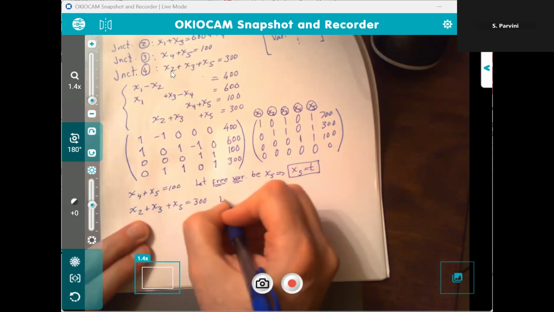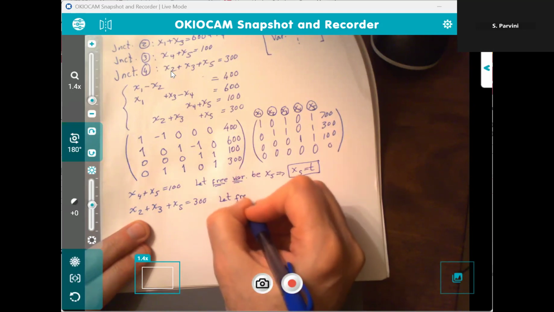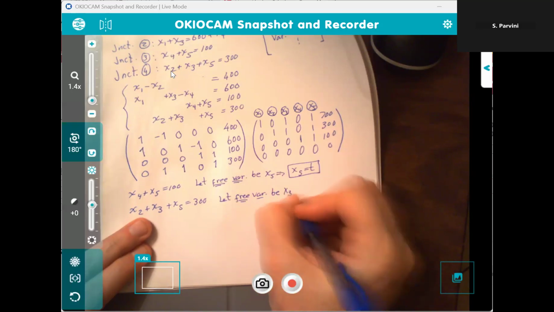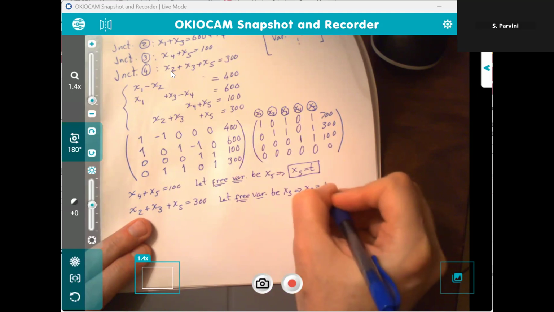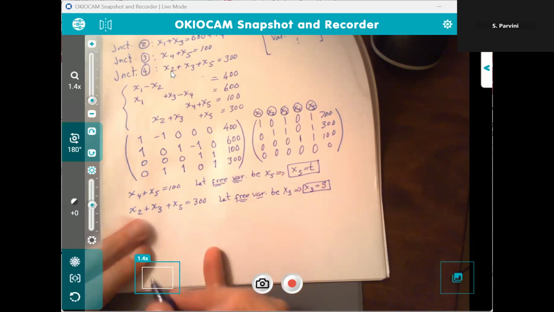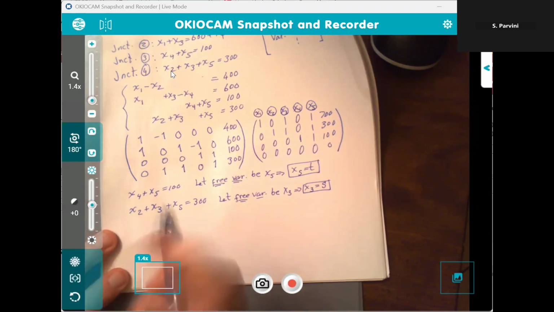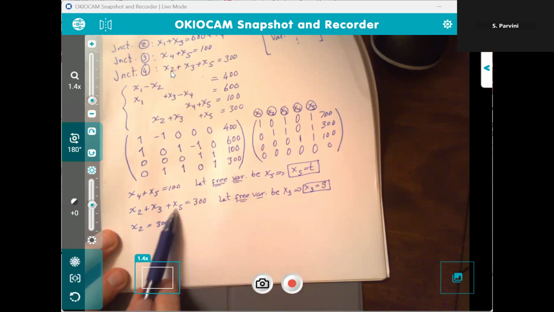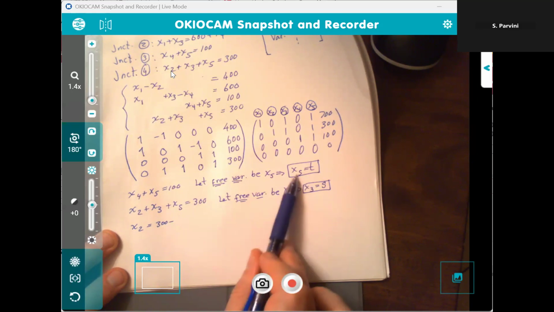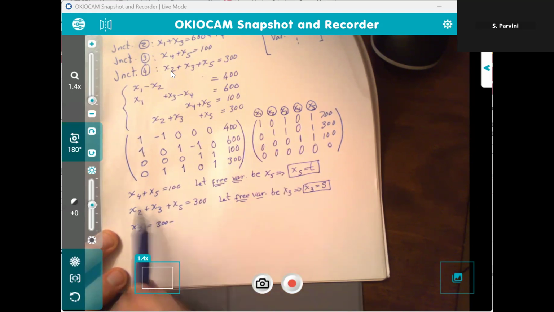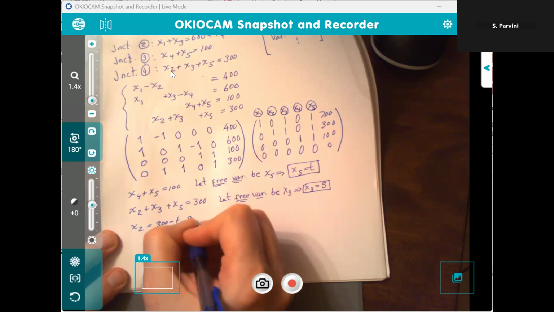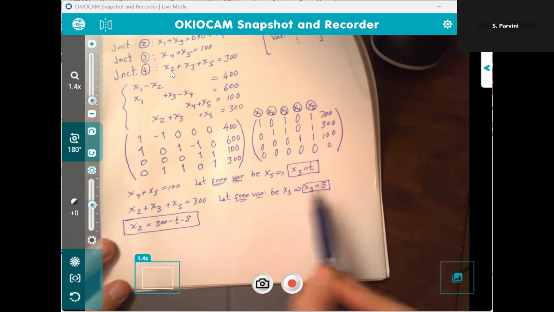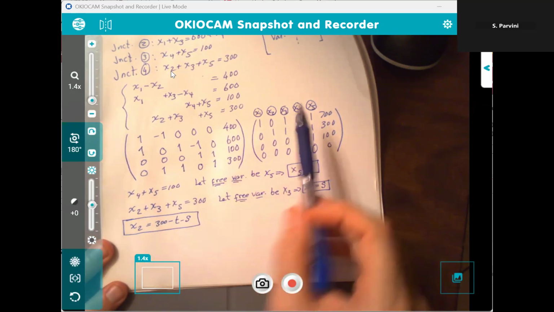This is our other free variable. Let the free variable be x sub 3, which means x sub 3 is s. So now we can isolate x sub 2. That's 300 minus t, remember x sub 5 is t, and now minus s. Good. So we've got x sub 5, x sub 3, and x sub 2.